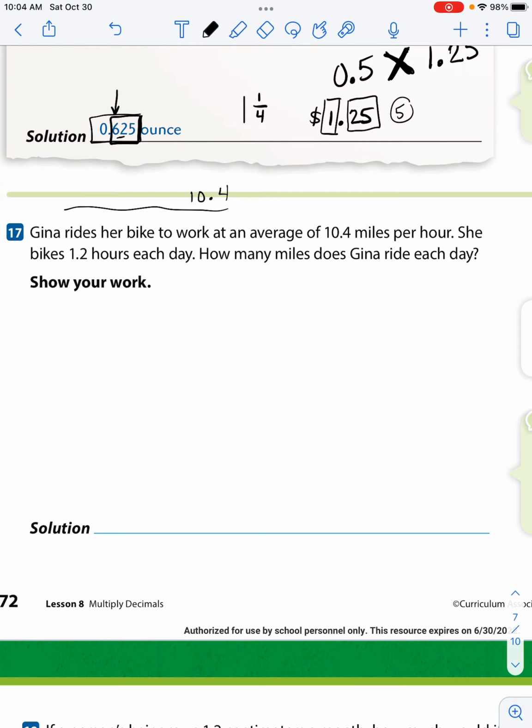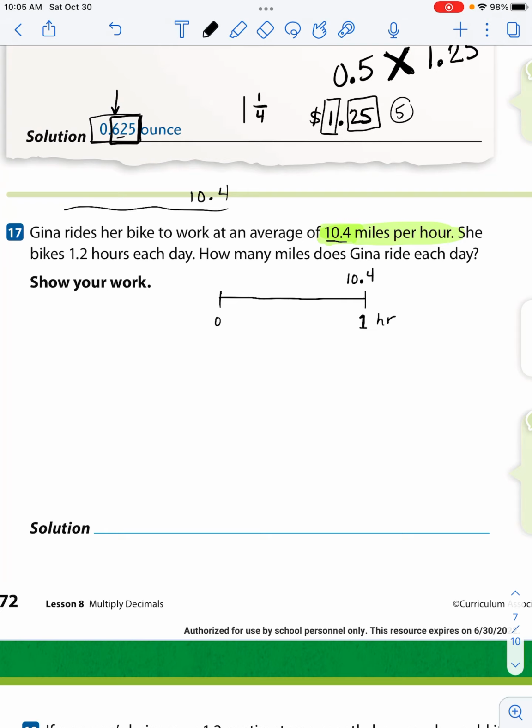So she bikes 1.2 hours each day. Okay, so if she goes an average of 10.4 miles per hour, 10.4 miles per hour, what does that actually mean? It means that in 1 hour, she's able to go 10.4 miles.